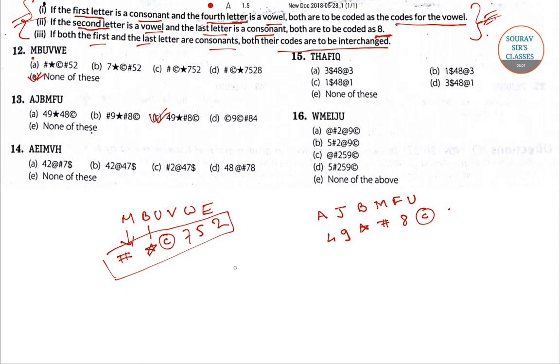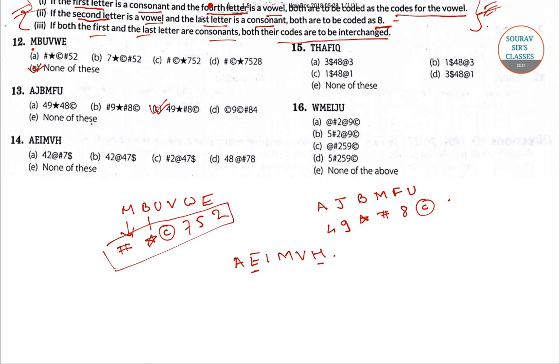Next is AEIMVH. Now here our second letter is vowel and the last letter is consonant. So second condition is applied. So according to it, both would be coded as 8.